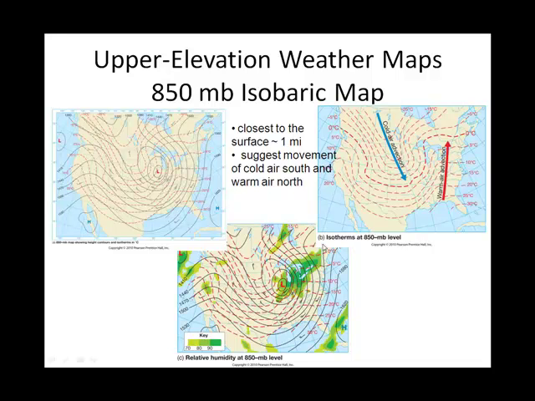So these are 850 millibar isobaric maps. These would be the lowest, showing you the conditions that are closest to the Earth's surface. Meteorologists can use these to get a sense for how systems are going to be steered. And looking at trend forecasting, they can find the trough and look for a cyclone or a low at the Earth's surface.